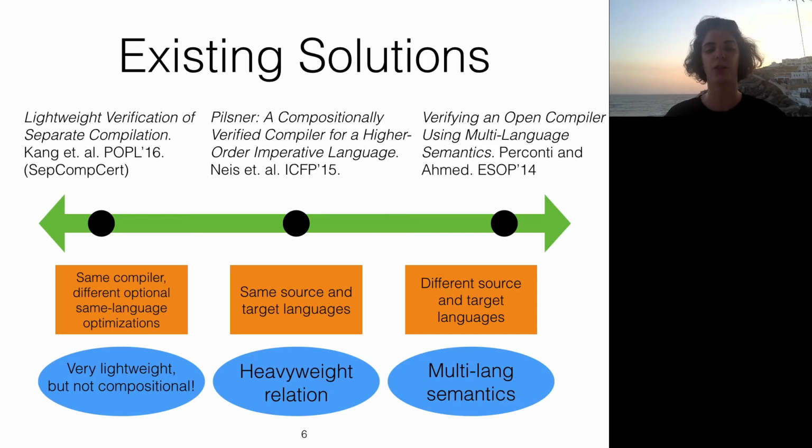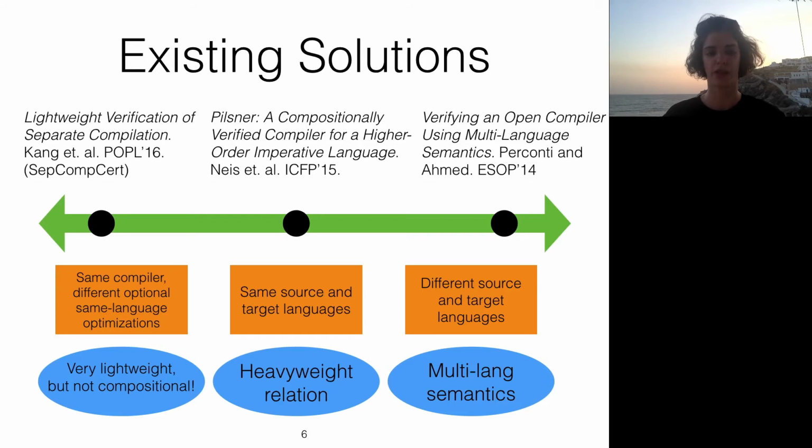As we move across the spectrum, we have Pilsner, which proves compiler correctness using PILS, a novel relation that provides strong compositionality guarantees and supports verification of entirely different compilers between the same source and target languages. But PILS is a much more complicated technique than standard compiler correctness techniques.